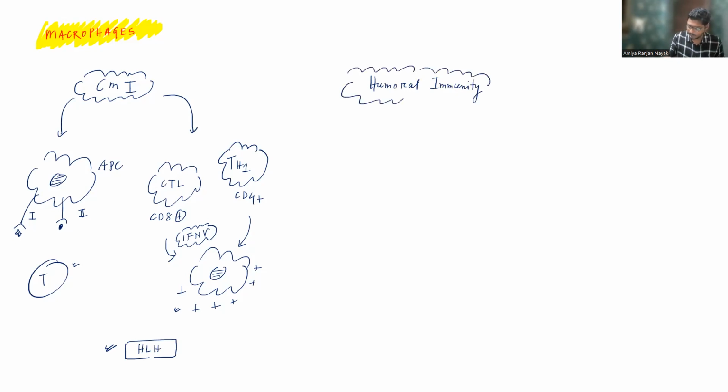Basically, humoral immunity is mediated by the B lymphocytes and their products, that is antibodies. One of the important antibodies is immunoglobulin G, and I have already told you multiple times that immunoglobulin G is a very important opsonizer.